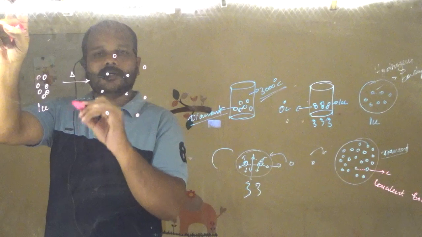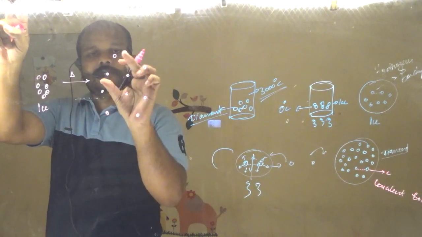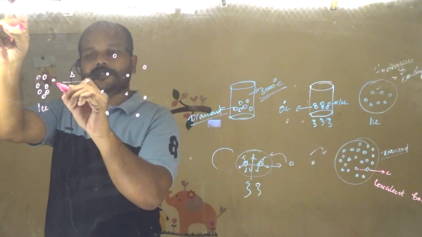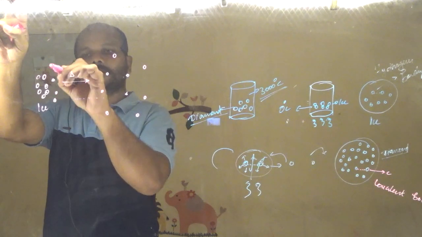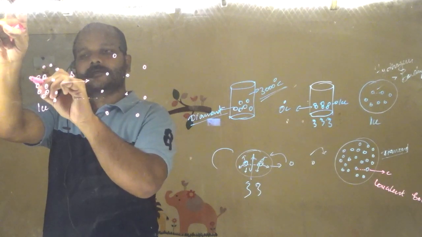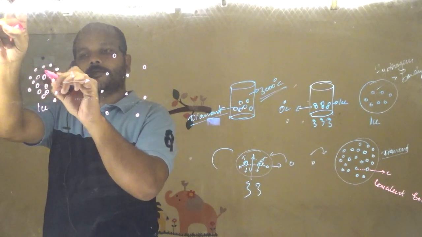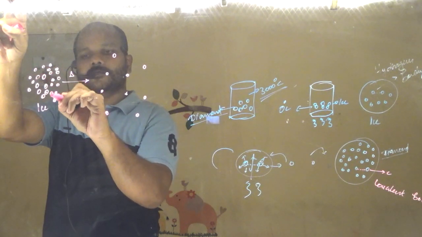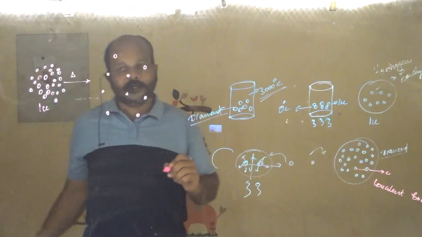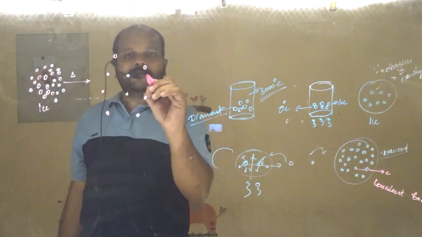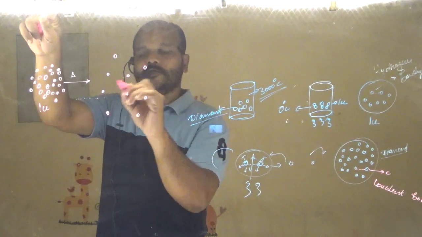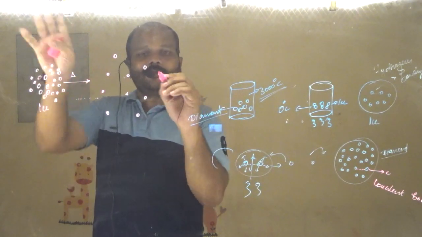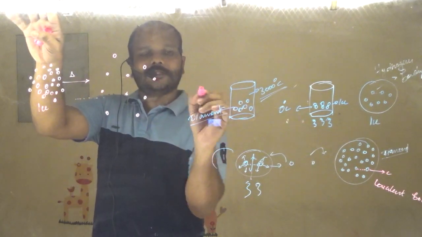So the particles will try to remain distant. Here they are very close, right? Actually, here the particles are a little closer. But when heating, these same particles, due to the vibration, will move apart.